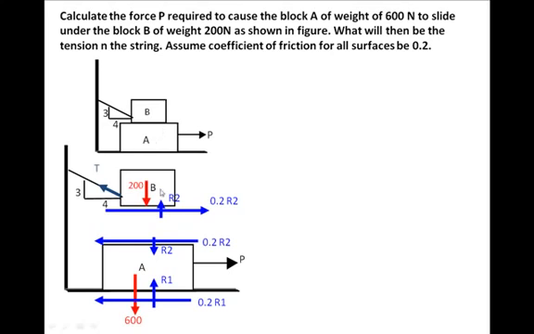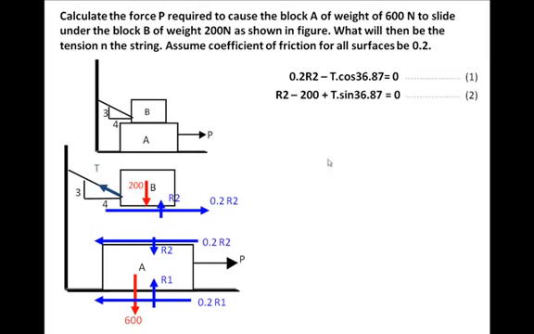Now for both these we are going to write sigma Fx = 0, sigma Fy = 0. So for the top body, sigma Fx = 0 tells me 0.2 R2 minus the x component of T, T cos 36.87, is 0. And sigma Fy tells me R2 minus 200 plus the vertical component of T, T sin 36.87, is 0.